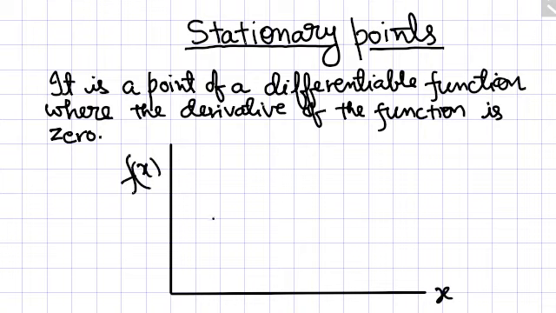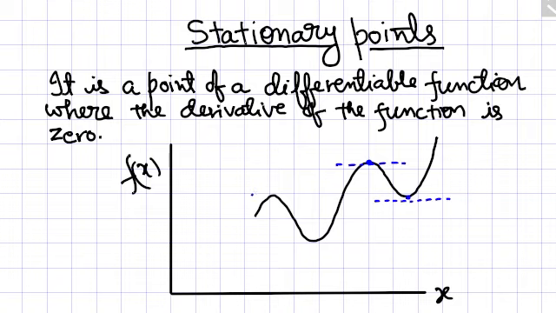So if the function is like this, it is going like this, then you can see these points where the derivative is 0. Derivative 0 means slope is 0; if you draw a tangent on a point, it will be horizontal. It is called slope 0 or derivative 0. If you draw a tangent here, you will see that its slope is not 0. So these are all stationary points.